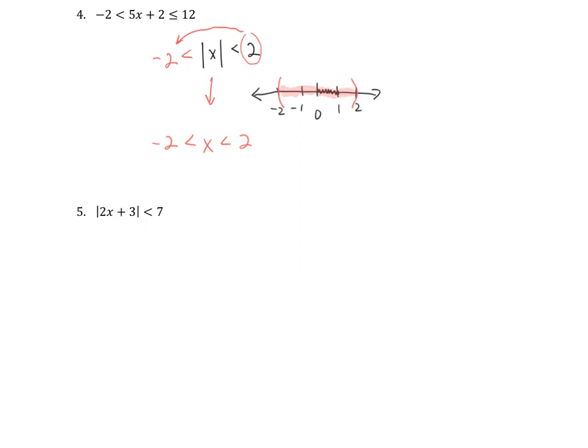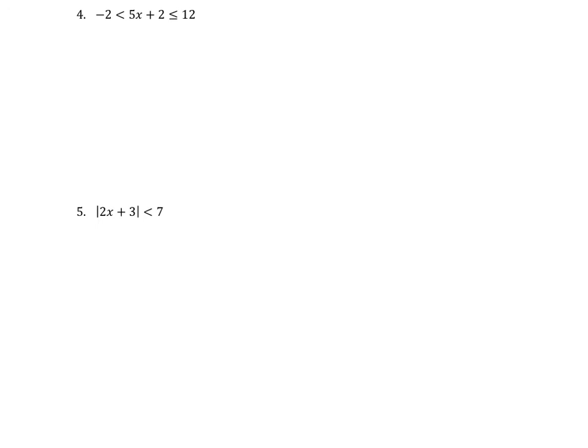Now, let's compare that to when you start with a greater than. Let's say we have the absolute value of x is now greater than 2. That means the distance from 0 has to be more than 2 units away. So let's look at that. 0, 1, 2, 3, -1, -2, -3. More than 2 units away, greater than 2. That means it cannot be around 0.